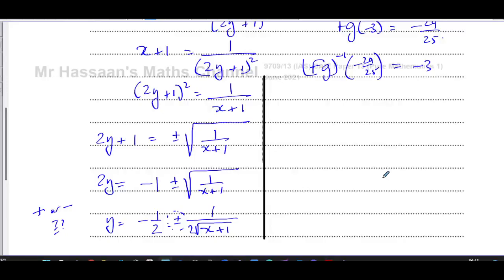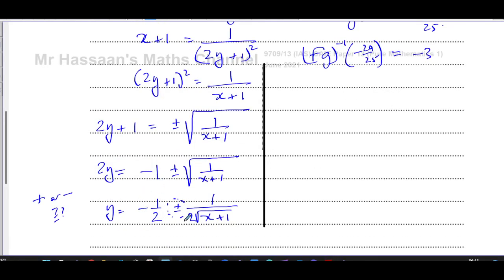So I'm going to decide now which of these two forms I'm going to use. Let's say we choose the positive side first, although I'm pretty sure it's going to be negative. So I put x equals minus 24 over 25 inside the function here. So y equals minus a half plus or minus 1 over 2 times the square root of minus 24 over 25 plus 1.